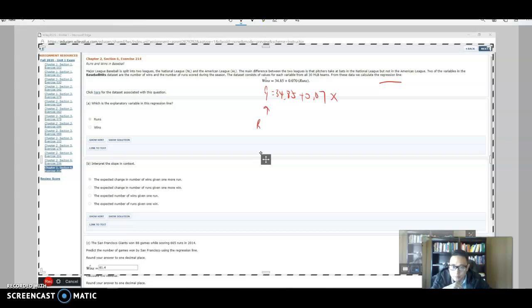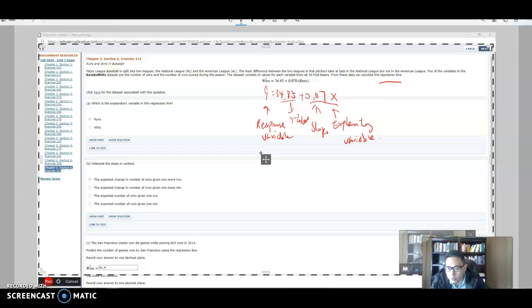This is what we call the slope, and this is the y-intercept. Any term that has no variable is called the y-intercept. Any term associated with x is the slope multiplied by x.